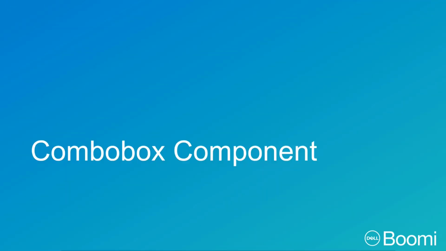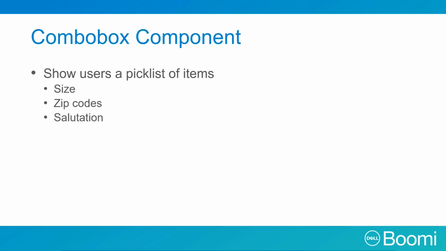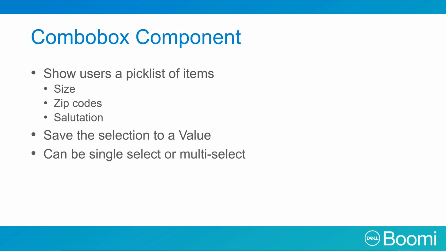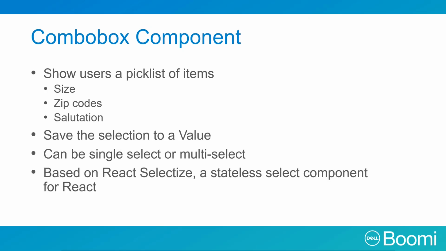In this section, we will speak about the combo box component and how it can be utilized in BoomiFlow. The combo box component shows users a pick list of items such as clothing, size, zip codes, or salutation, for example. The user selection is saved to a value. Combo box components can be single select or multi-select, and this component is based on React selectize, which is a stateless select component for React.